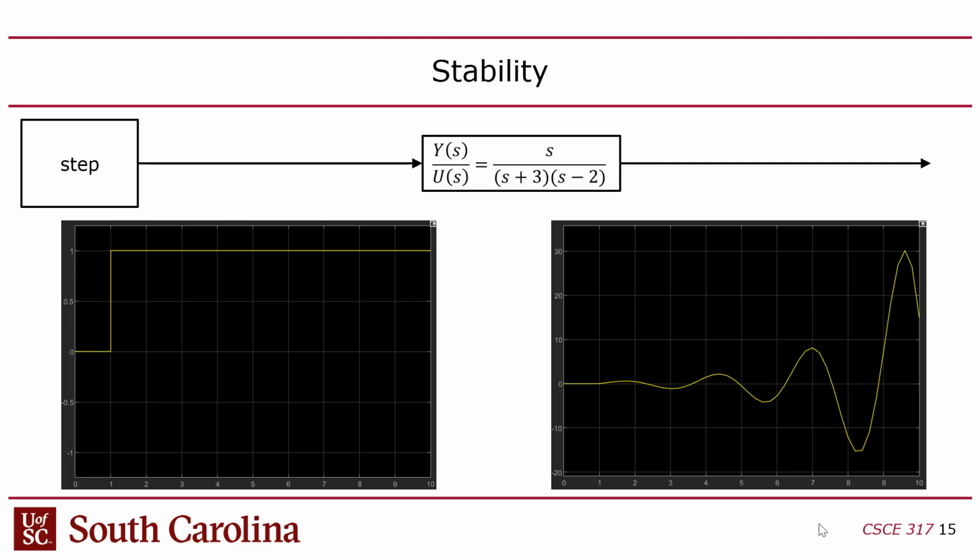So I took the same transfer function here, and I put it into Simulink in MATLAB, because in Simulink you can simulate these transfer functions. So I took the step in this case, which is not the impulse, but the step. And as I mentioned, the step function is equivalent to the impulse in the sense that it has all the frequencies in it.